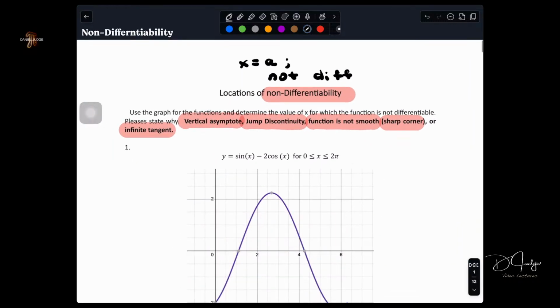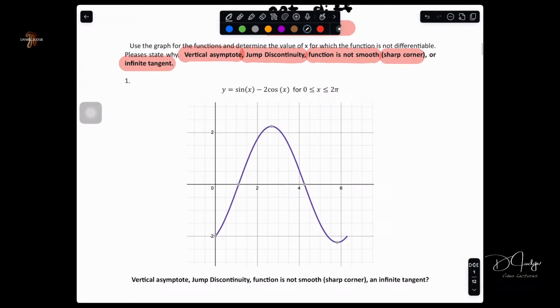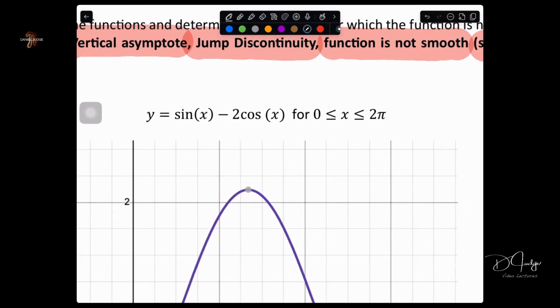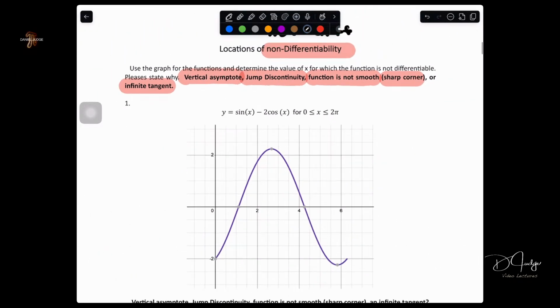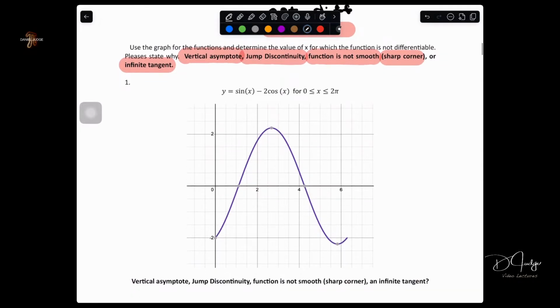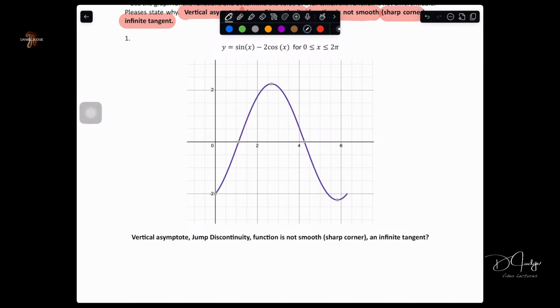Okay. So you're looking at this curve, y equals sine minus 2 cosine x over the restricted domain of 0 to 2 pi. So when you look at this picture, what I want you guys to do is know this. Are there any vertical asymptotes down here?